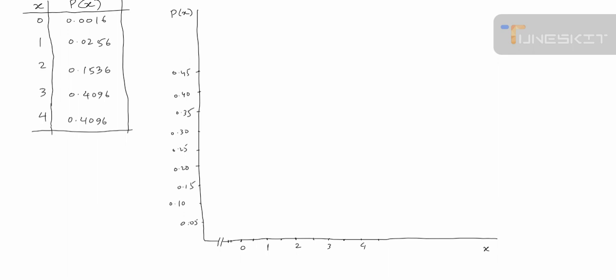Now 0.0016 is a very small probability, maybe ending up somewhere here. So the bar of 0 has this much height.